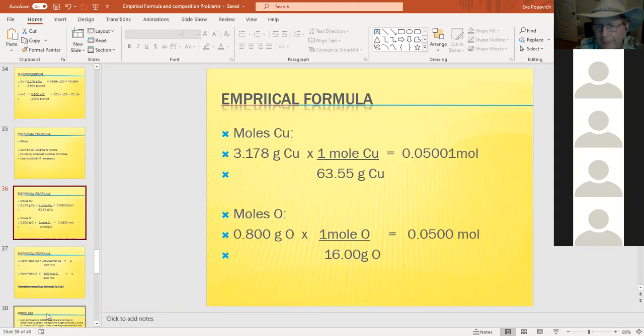They both look pretty equal. So would you even need to divide? At this point, you can look and say, okay, we got equal number of moles. So my formula is going to be CuO.